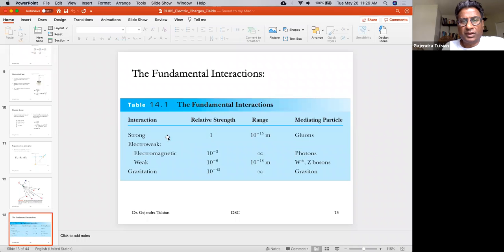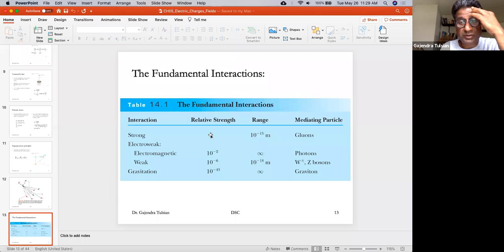So if the strong force, let's call it strength 1, the electromagnetic force is 100 times weaker. Okay. And the weak force is 1,000,000 times weaker than the strong force. The gravitational force is 10 to the power of 43 times weaker than the strong force. So the gravitational force is extremely weak.